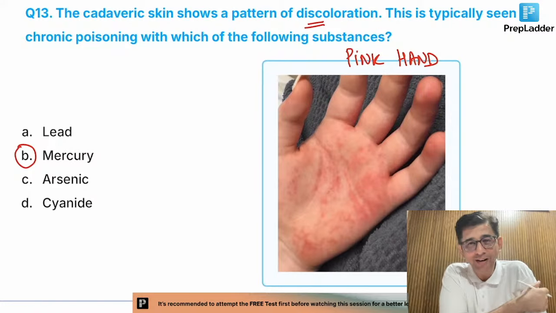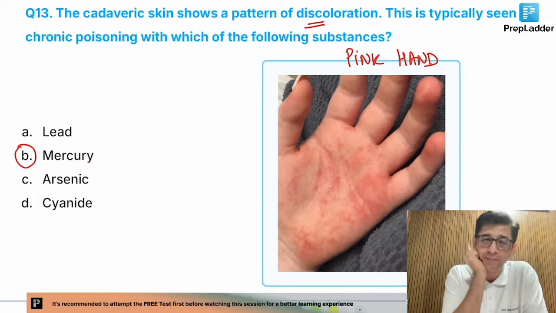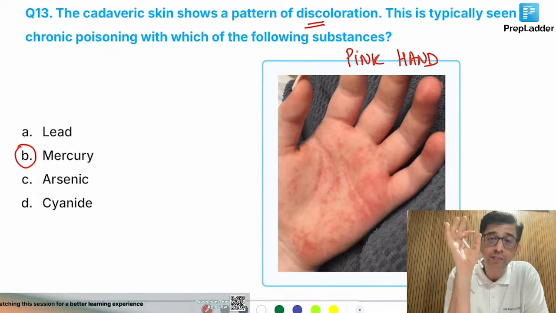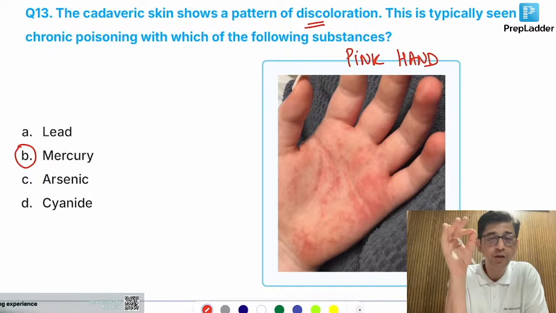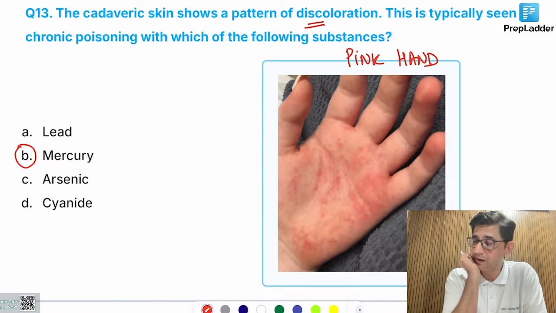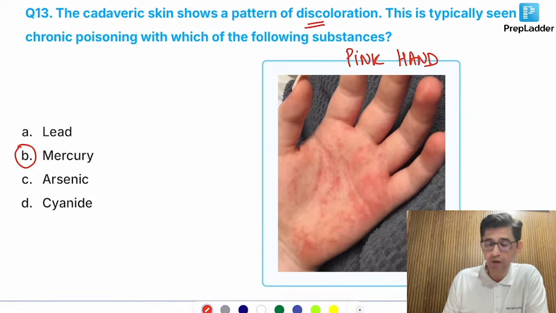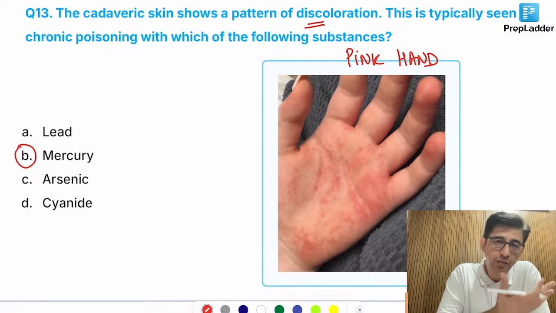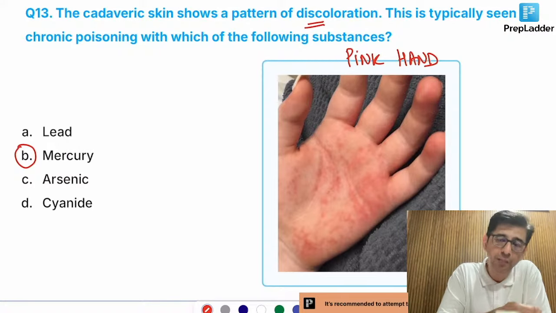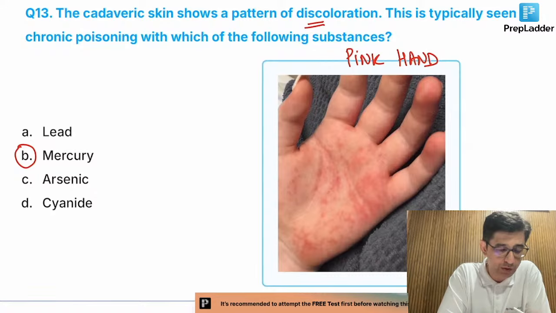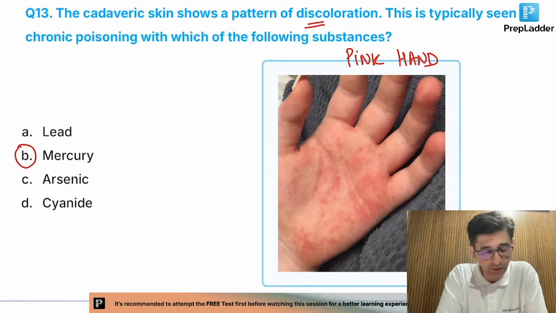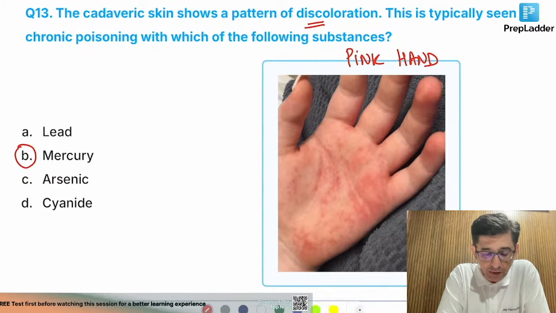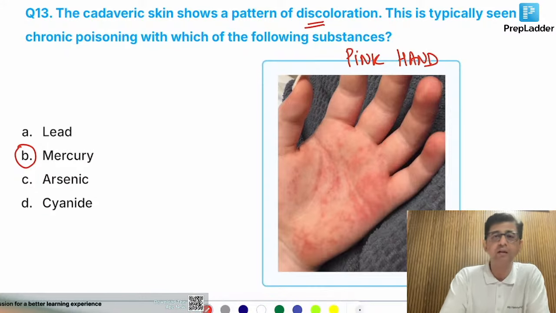This is not lead; in lead there is a Burtonian line, and there is basophilic stippling of RBCs. Redness and pinkness in the hand, that is going to be mercury poisoning, pink acrodynia, the pink hand that you read. In arsenic it would be different, there would be hyperkeratosis, hyperpigmentation may also be present, or Mees lines disease, right? Our Shoe got it spot on there. So the correct answer for the 13th one we're discussing is the pink hand, that is acrodynia.